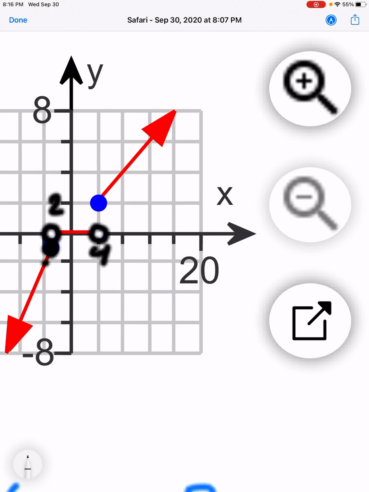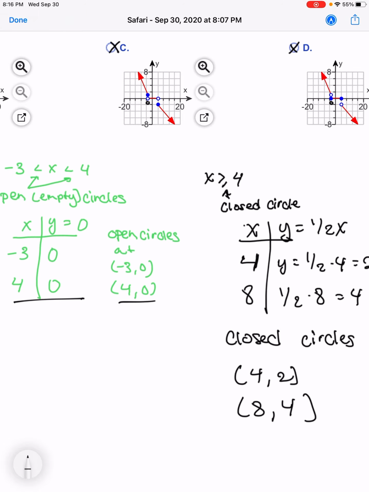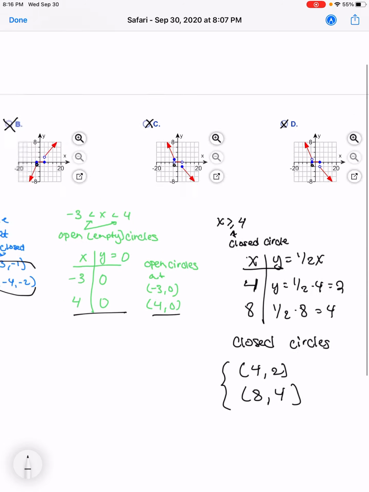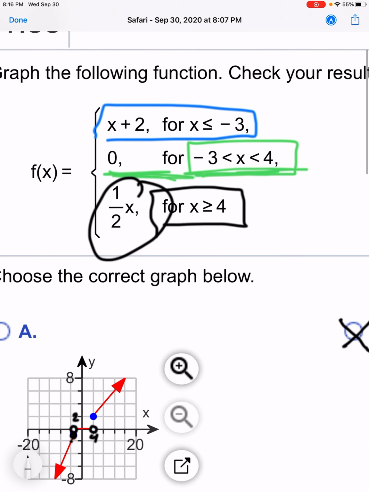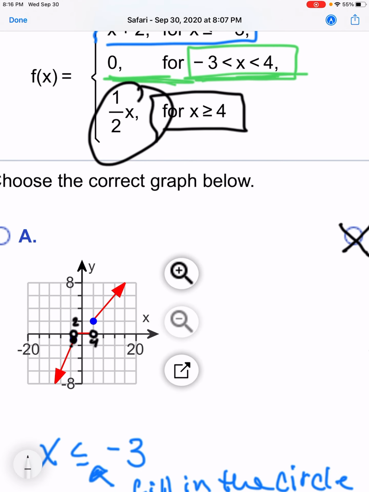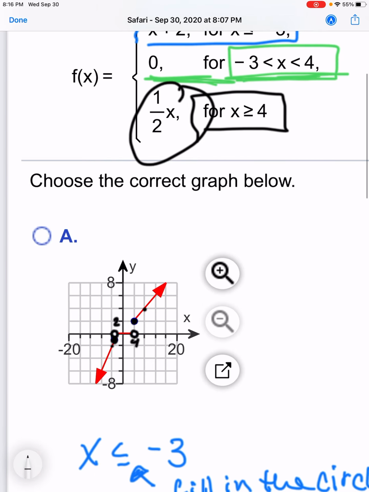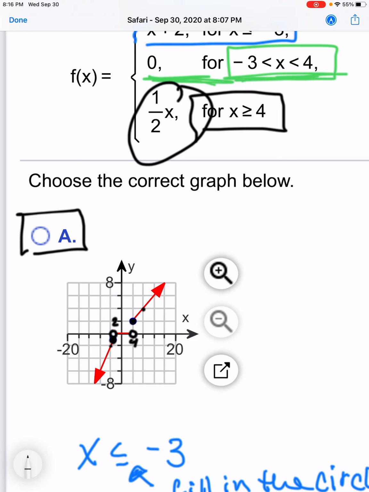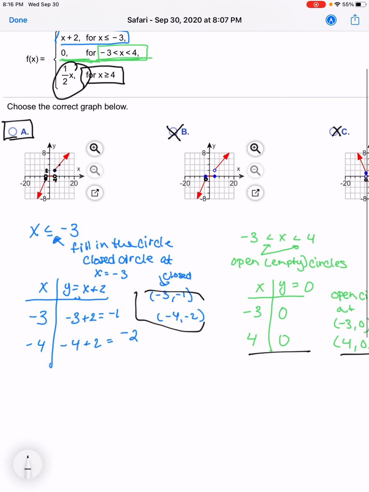If we check on the last values we had plotted, we wanted closed points at 4, 2 and 8, 4. And again, we have a closed point here at 4, 2, and at 8, 4, we have a point. So we can verify that A is indeed the valid solution we want.